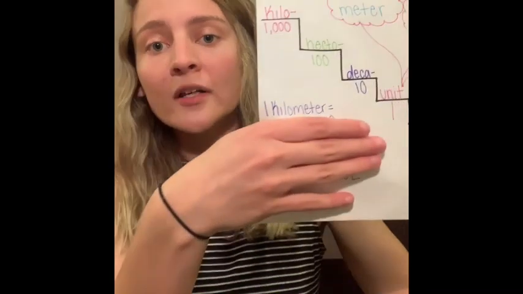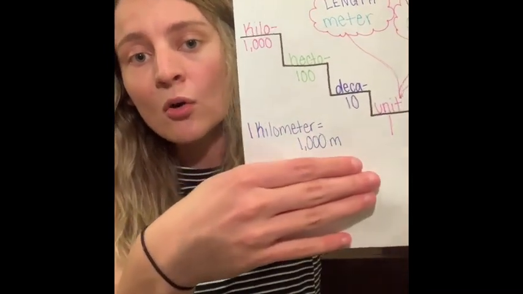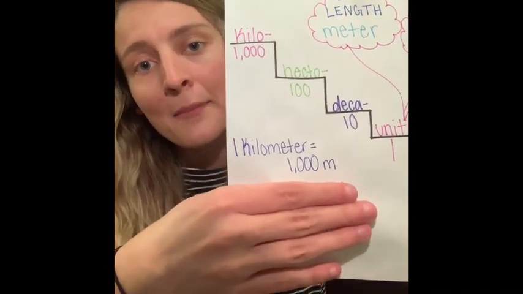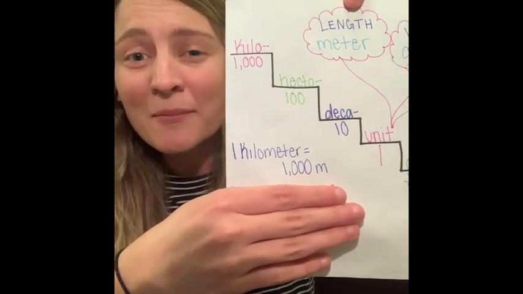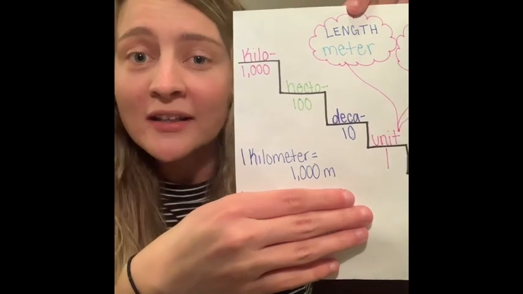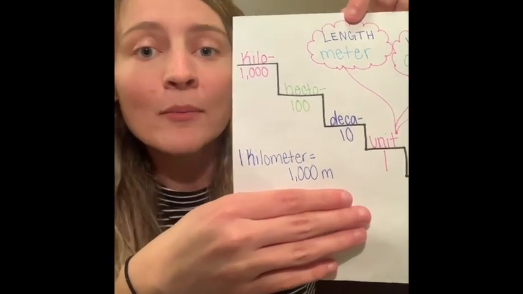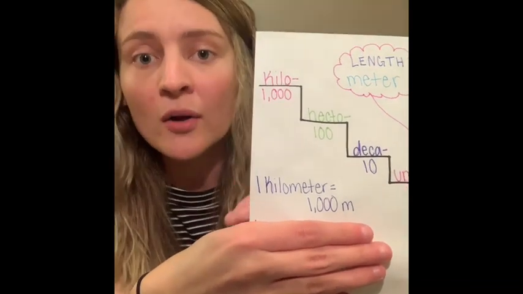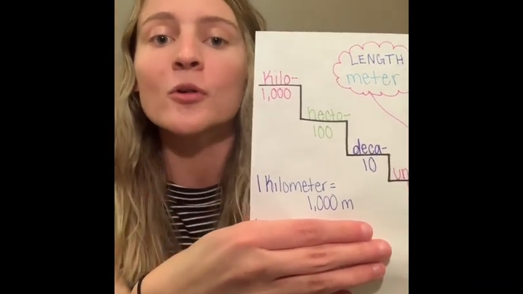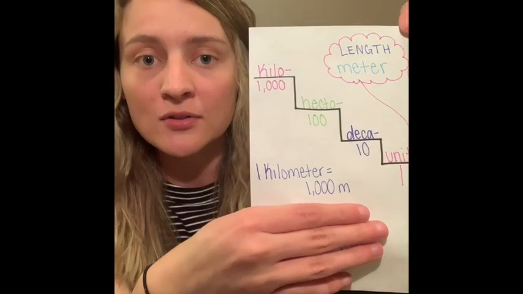So 1 kilometer equals 1,000 meters. And that would mean the same thing if it said 1 kilogram means how many grams. That prefix kilo did not change. So that 1 kilogram would be 1,000 grams.